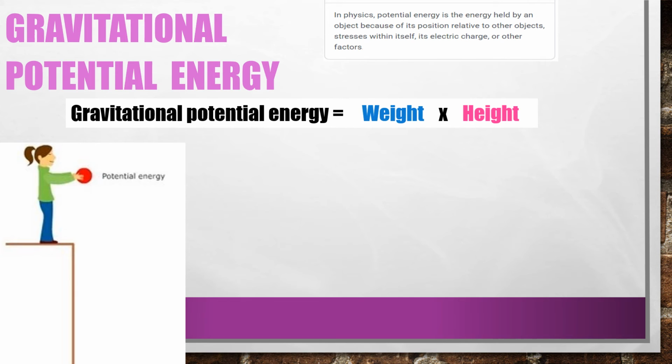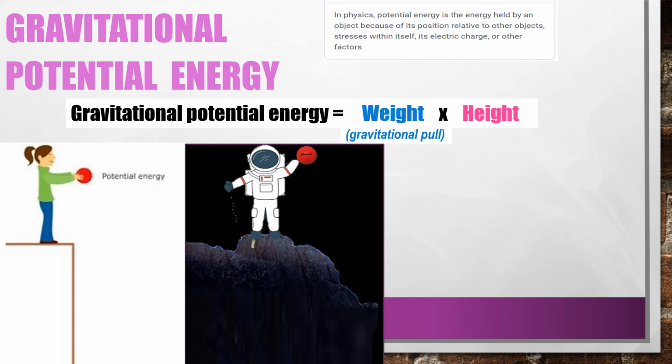The weight is the gravitational pull, because if I am going to do this experiment and I hold that red ball out and I want to measure its gravitational potential energy, and then I put my spacesuit on, I go and I'm walking on the moon and I try the same thing, the increased gravitational potential energy is going to happen on the Earth because there's very little gravity on the moon.